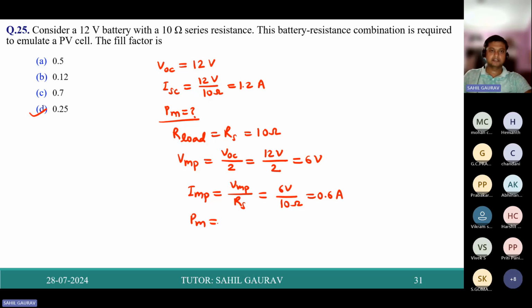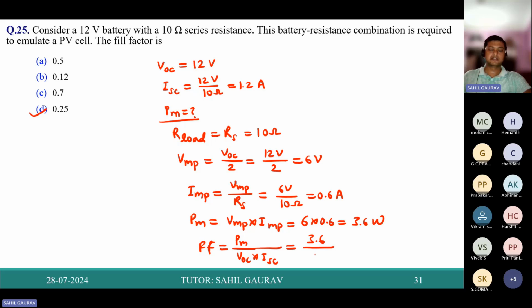Therefore, PM is VMP into IMP, so it is 6 volt into 0.6 ampere, it is 3.6 watt. So fill factor will be PM upon VOC into ISC. PM is 3.6 watt, VOC is 12 volt into 1.2 ampere. So it is 0.25.